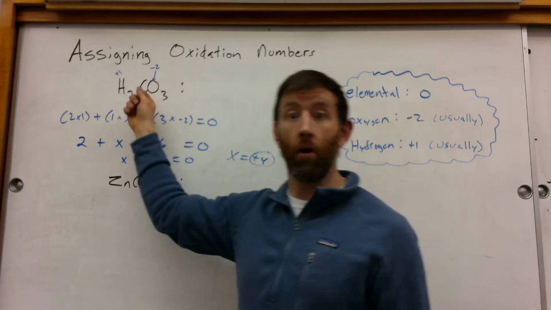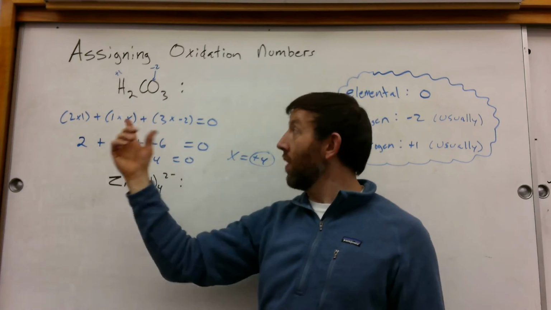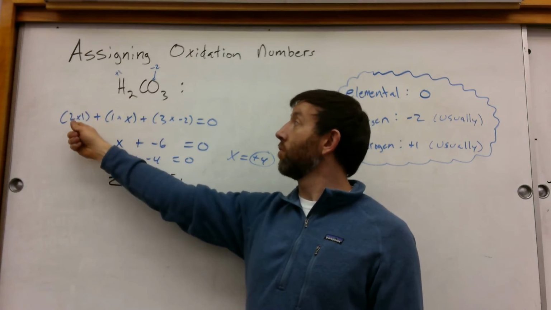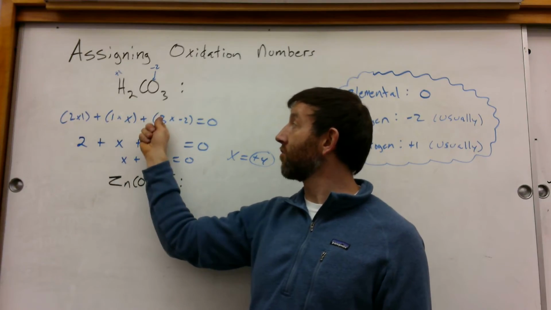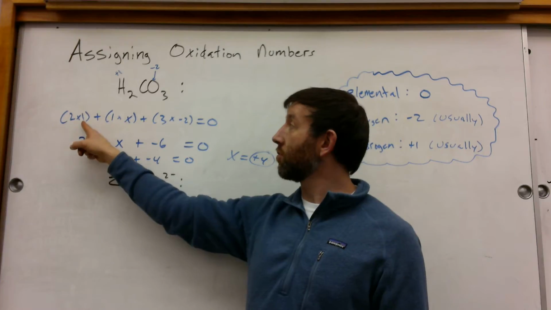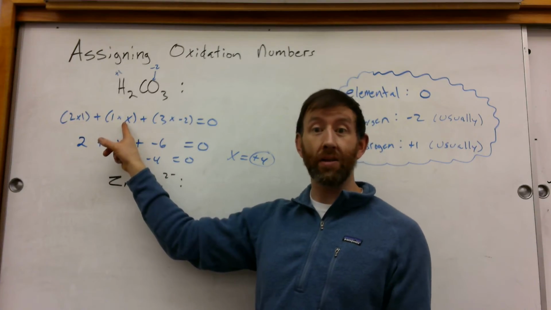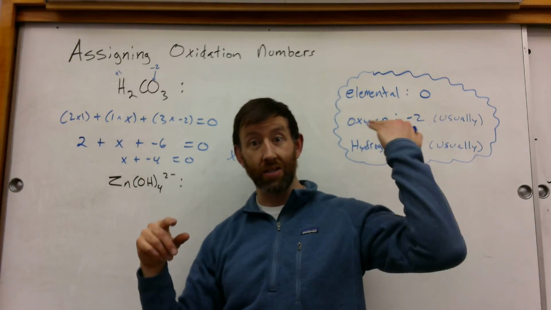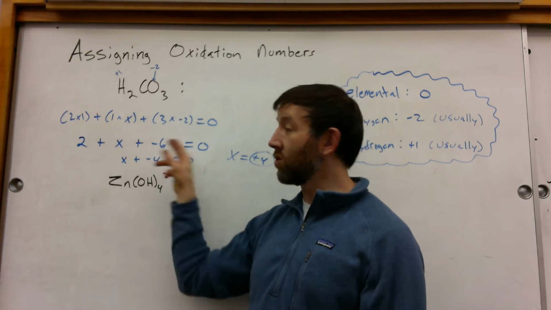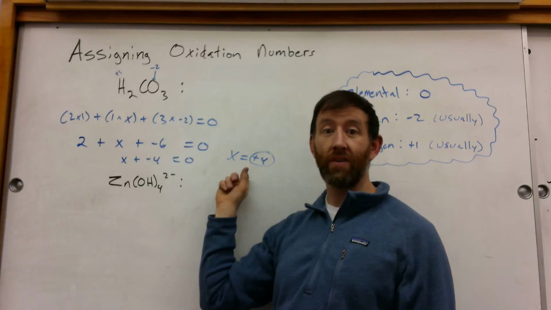Smart kids. All right. But what we do have here is a compound. We've got 2 hydrogens, 1 carbon, 3 oxygens. Hydrogens are +1, oxygens -2. We don't know our oxidation number for carbon automatically. It's not a gimme like these guys are over here. All right. So all we do is plug and chug until we get our value for x.